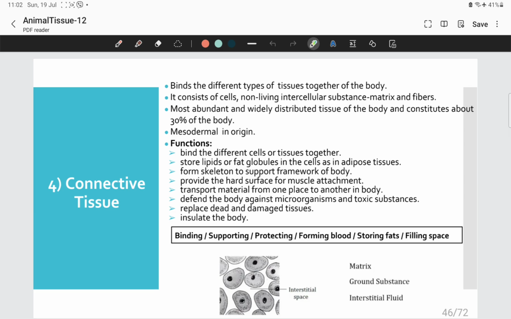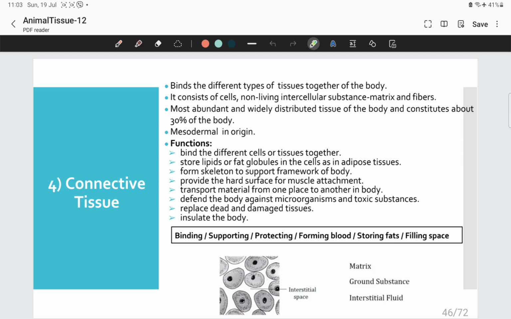It transports different materials like nutrients, waste, oxygen, carbon dioxide from one place to another in the body. It also defends our body against foreign particles like microorganisms and toxic substances. It replaces dead and damaged tissue from our body, and it insulates the body.